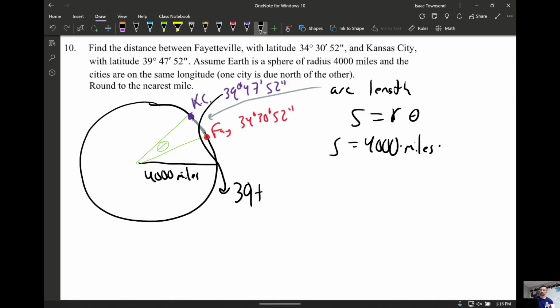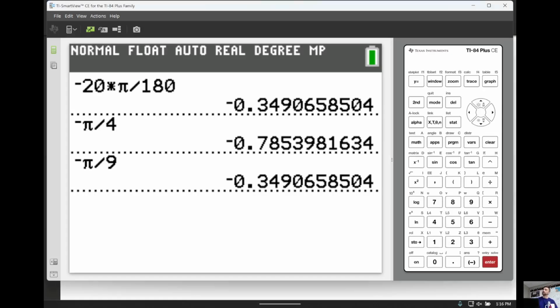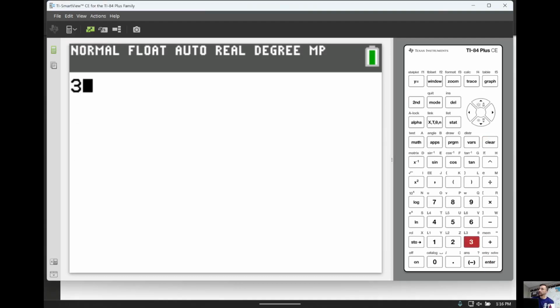39 full degrees. A minute is a 60th of a degree, and a second is a 3600th of a degree. So in your calculator at some point, you would need to say, well, Kansas City is 39 degrees plus 47 over 60 plus 52 over 3600.